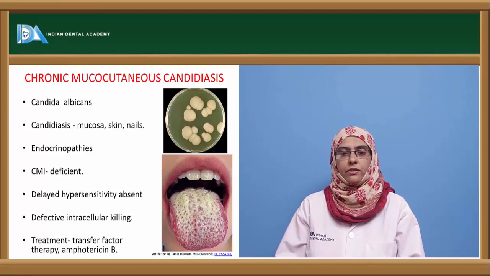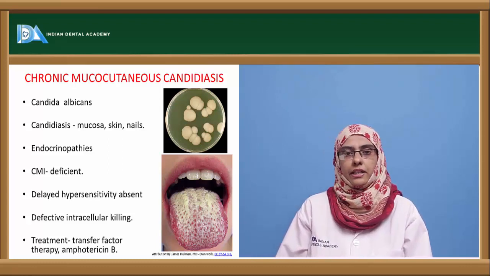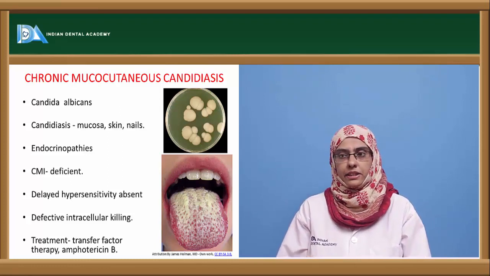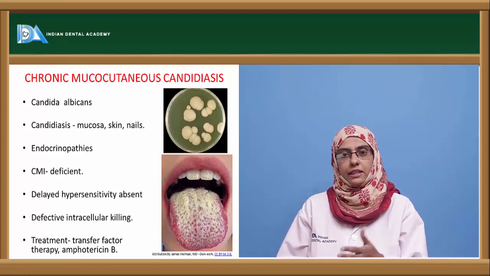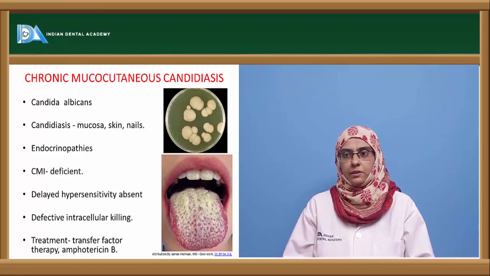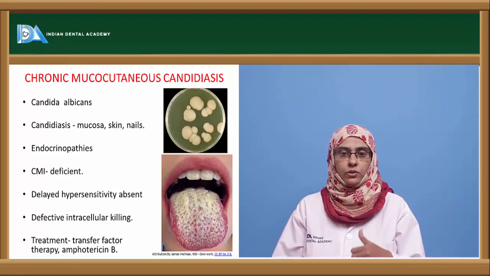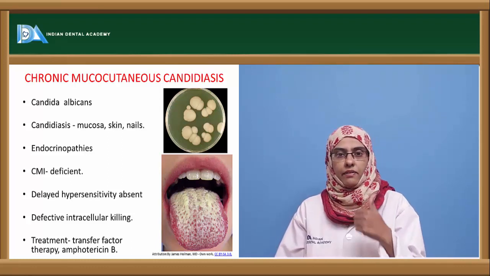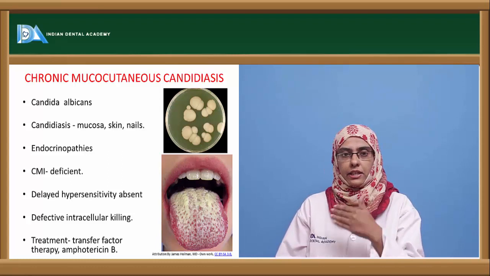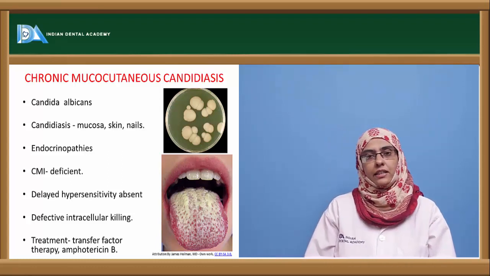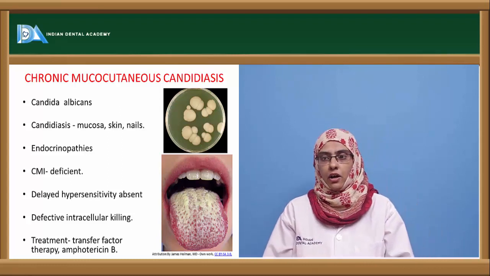And in this case of patient, as usual, the CMI is deficient, and you can see the delayed type hypersensitivity absent in the case of these candidiasis patients, and there is defective intracellular killing. Now, due to the involvement of cell mediated immunity, the phagocytosis also gets decreased in the case of these patients.